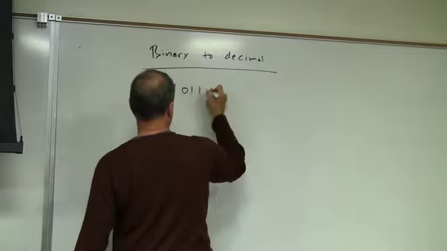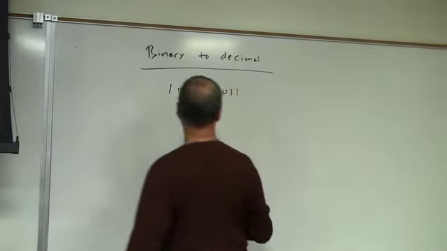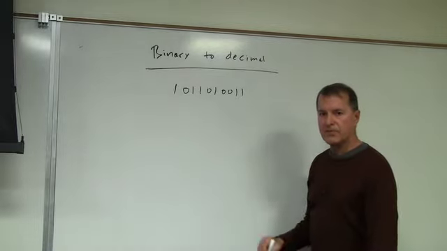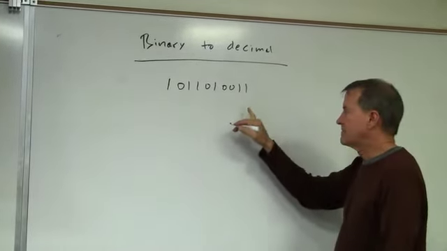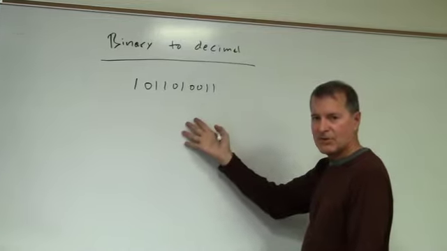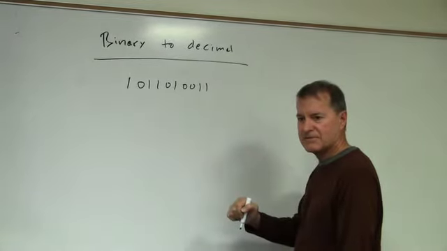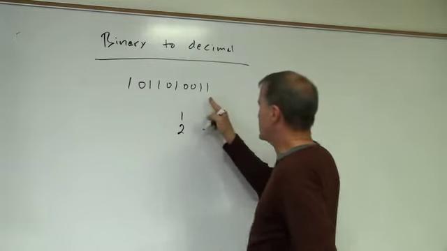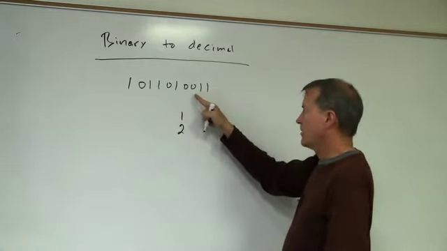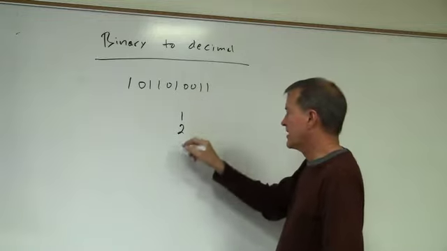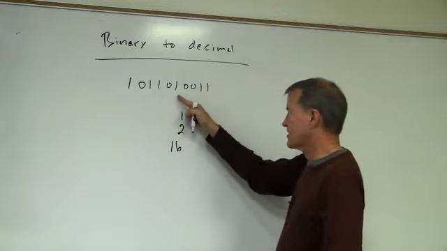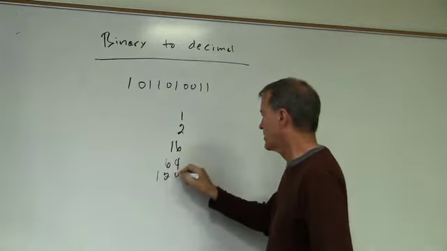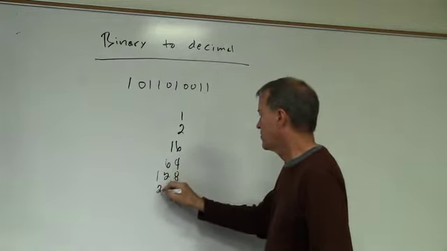So here's the number: 1, 0, 1, 1, 0, 1, 0, 0, 1, 1. What decimal value is this? Well, it's 1 plus 2, and then 4, 8, 16, 32, 64, 128, 256, 512.